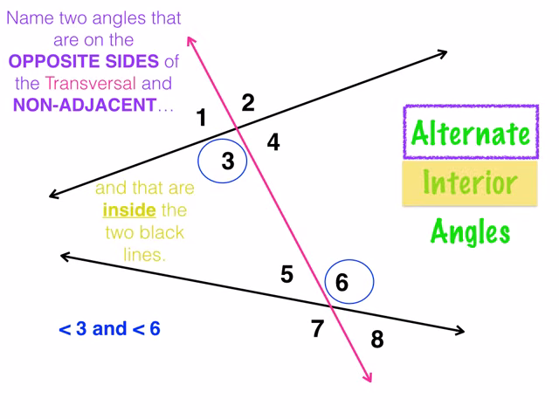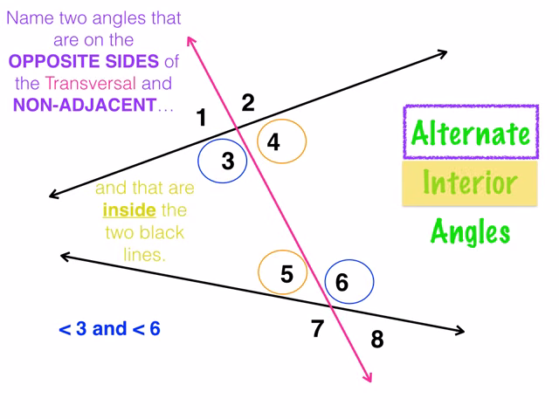Good. Angle 3 and angle 6 are an alternate interior angle pair. Nicely done. So what would be my other pair of alternate interior angles then? Woo! Angle 4 and angle 5 is correct. You're getting really good at this.